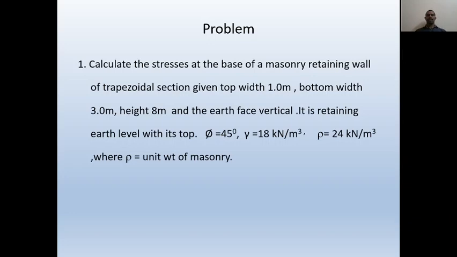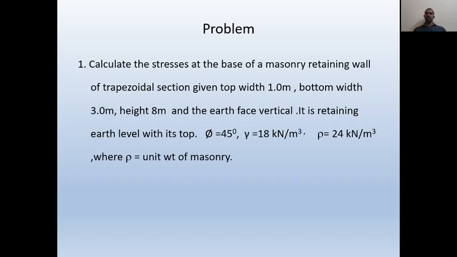The question is like this: calculate the stresses at the base of the masonry retaining wall of trapezoidal section, given top width is 1 meter, bottom width is 3 meters, height is 8 meters, and earth face is vertical, and it retains earth level with its top, and phi, angle of repose, is 45 degrees, angle of internal friction is 45 degrees, and gamma, specific weight of backfill, that is earth, is 18 kN per meter cube, and rho, specific weight of masonry, is 24 kN per meter cube.